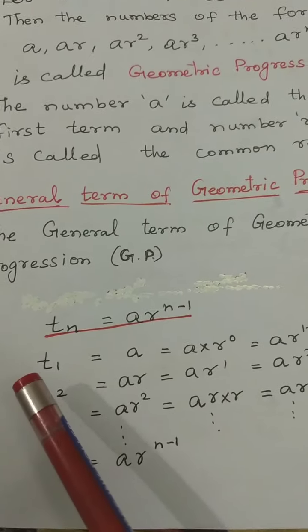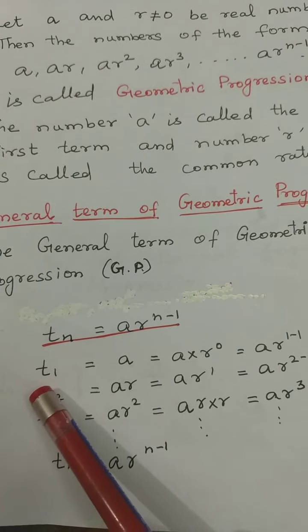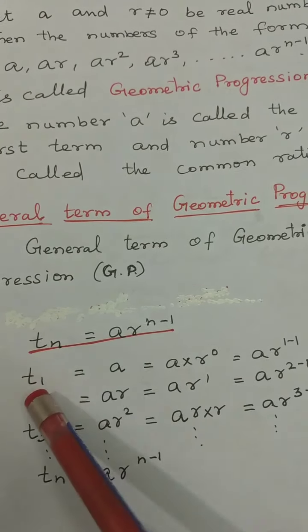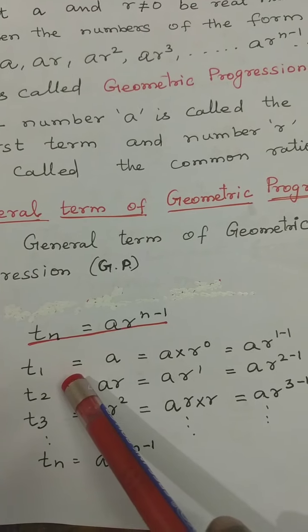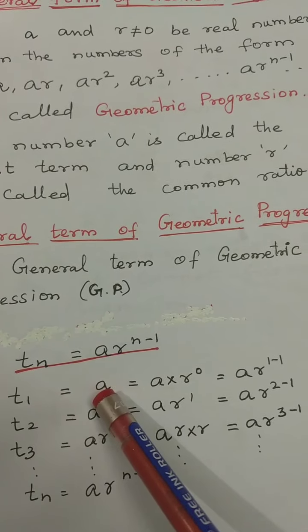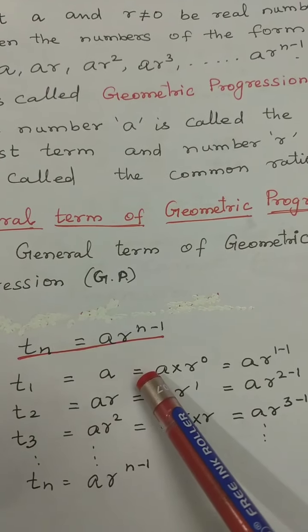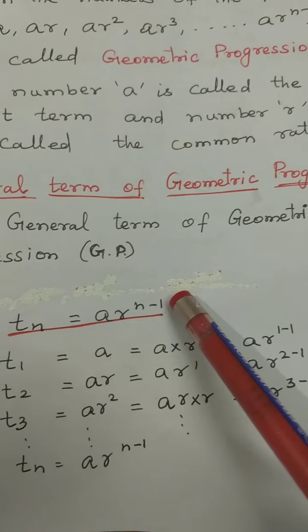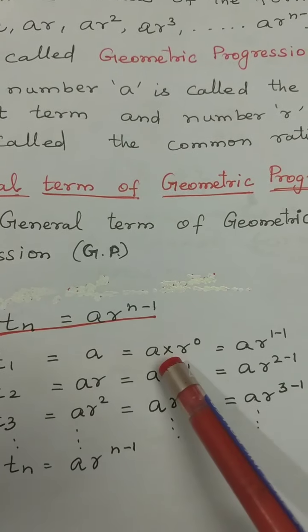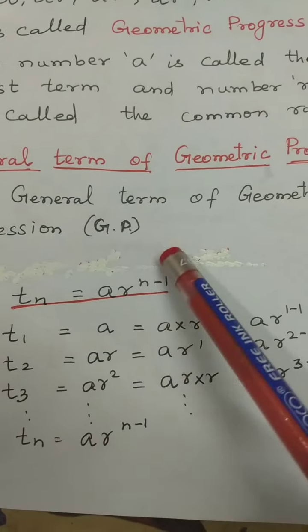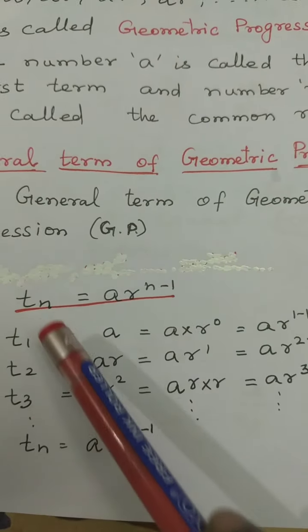Okay. Then the first term. How to find the first term? In the place of n, you have to substitute 1. That is T1. a is the first term: a into r power n minus 1, that is 1 minus 1, 0. Okay, 2. You have to substitute in the place of n.